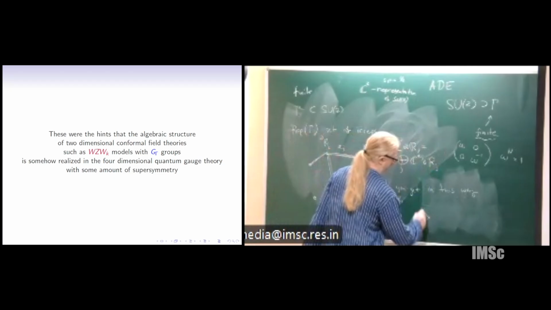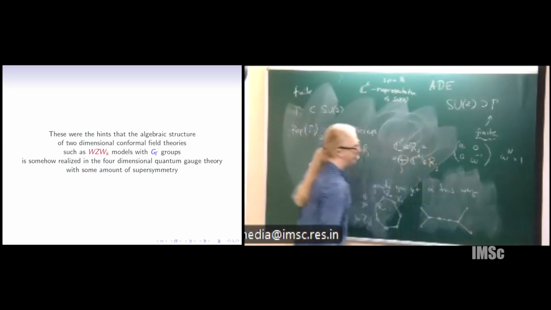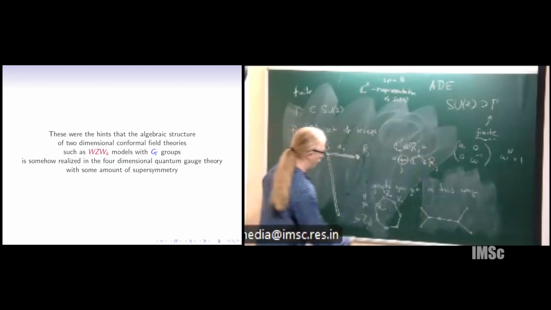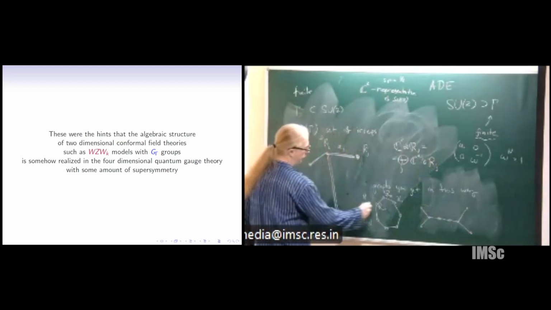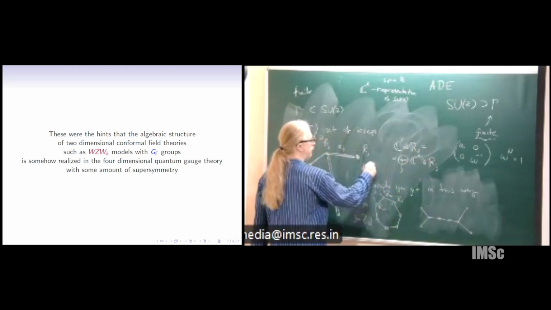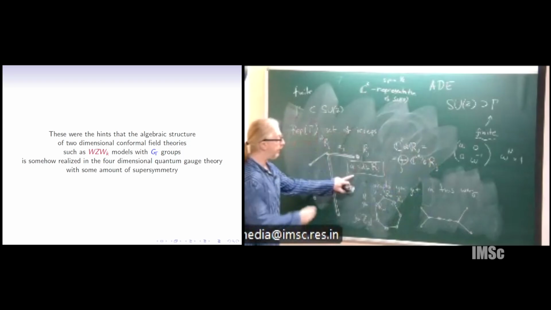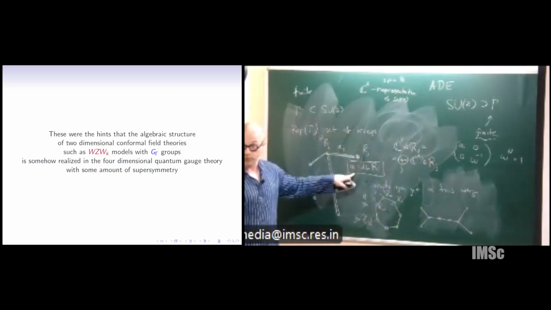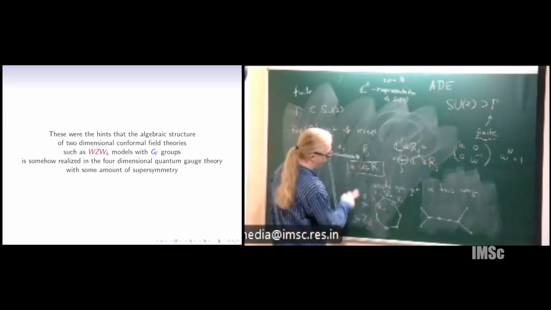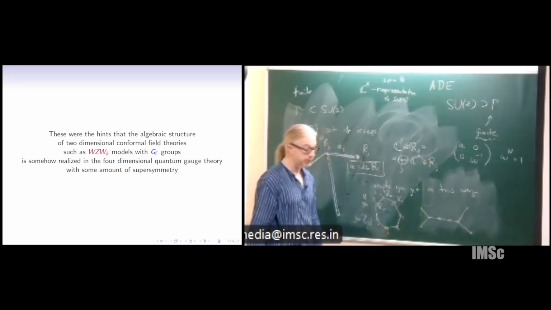Another type is of that type. By the way, these vertices are all labeled. You can attach to a vertex a number which is the dimension of the irreducible representation. For Z_n, all these numbers will be 1 because these are all one-dimensional representations.